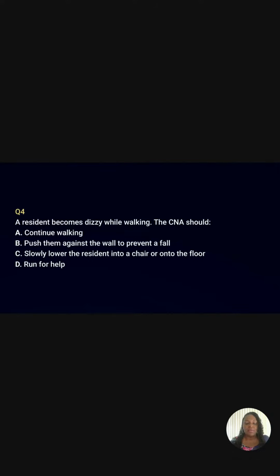So as soon as I get opportunity, I'm going to shoot a video on how to assist someone who's falling safely. Yes, Andrea. Yes, Tommy, you are right. The answer is C. We're going to safely lower them to a seated position to prevent collapse or injury. So whether that seated position is on the floor or if they're standing, they get dizzy and they're near a chair. Of course, the best option would be to put them on a chair.